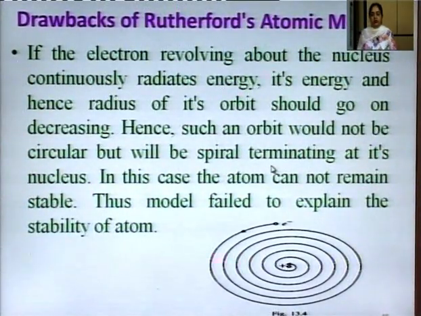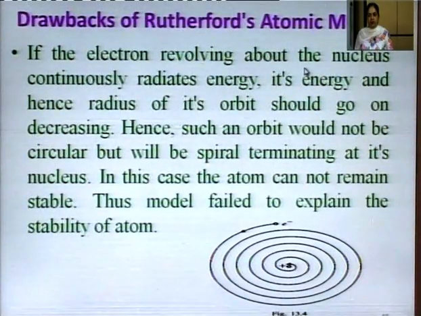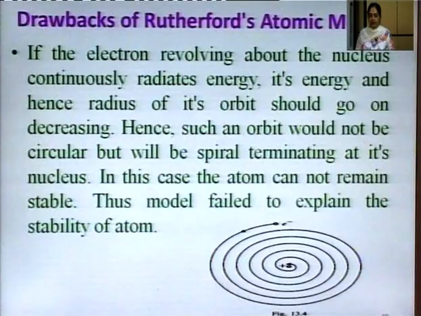This model failed to explain the stability of the atom. If the electron revolving about the nucleus continuously radiates energy, its energy and hence the radius of the orbit go on decreasing.